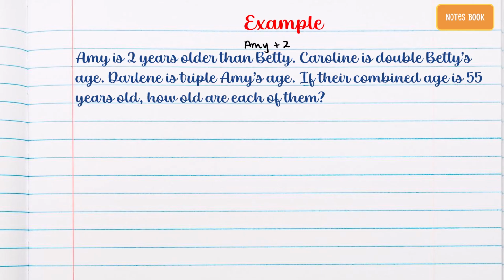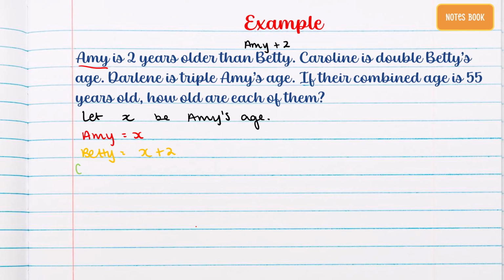So what I'm going to do in this case is say let X, or it doesn't really matter what you pick, but let X be Amy's age, okay? So we have Amy, who is just X years old. We have Betty, who is X plus 2, okay, because we're writing this in relation to Amy.